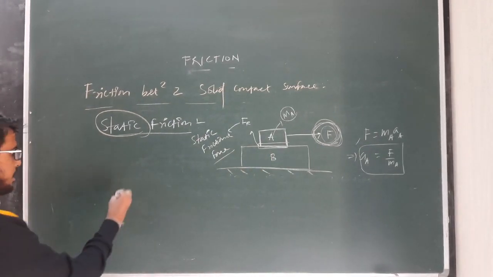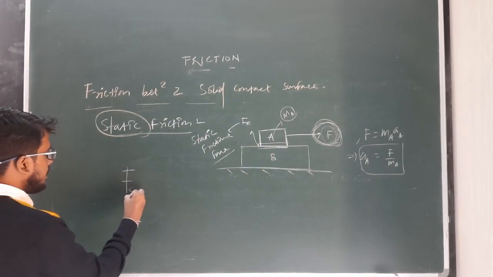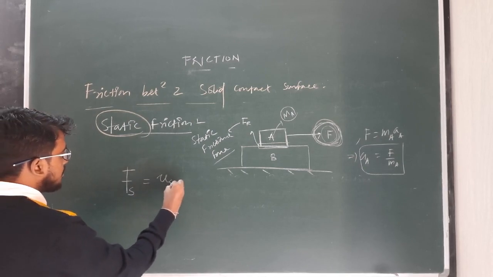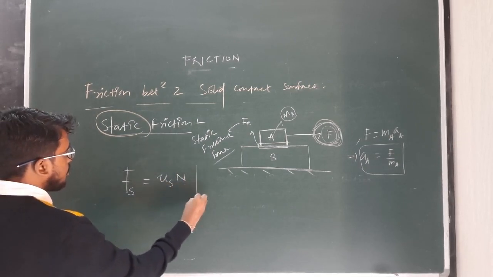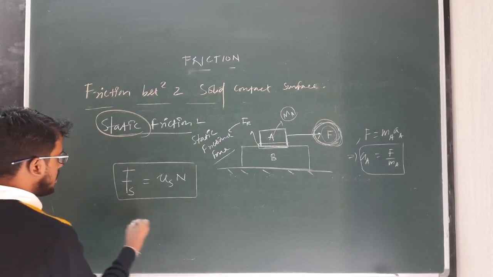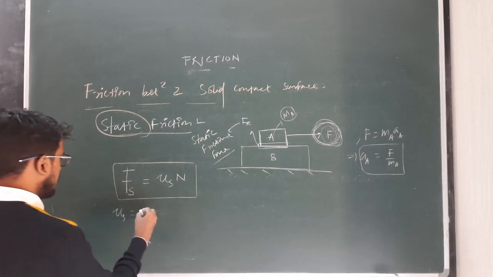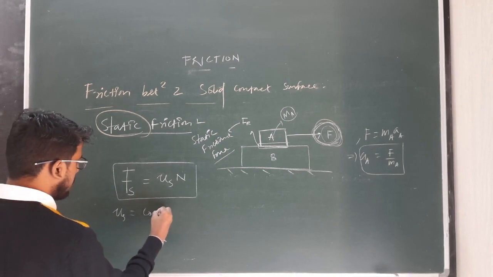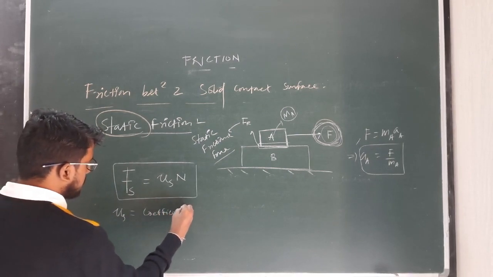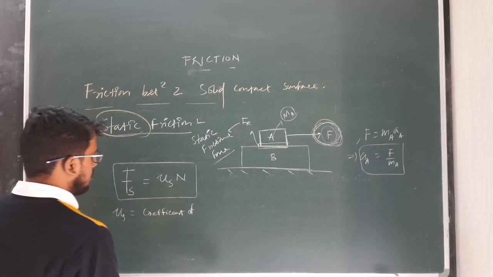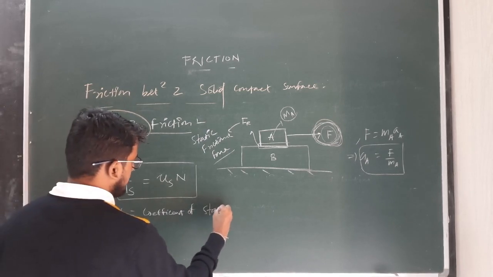The magnitude of static friction, let this be denoted by Fs, can be written as some constant mu s times the normal reaction force. So here what is mu s? Similarly, as in the case of kinetic friction, mu s is known as the coefficient of static friction.